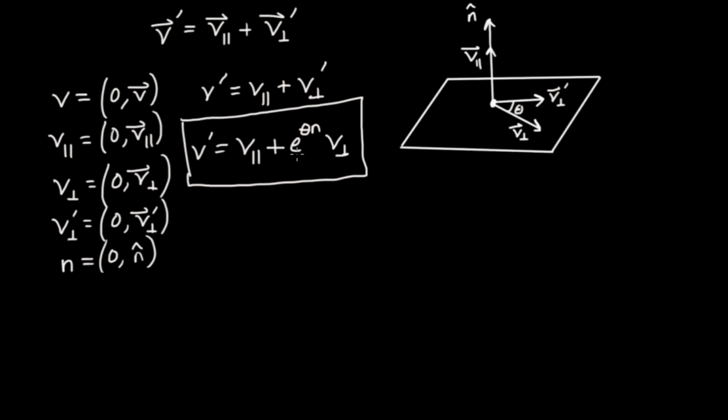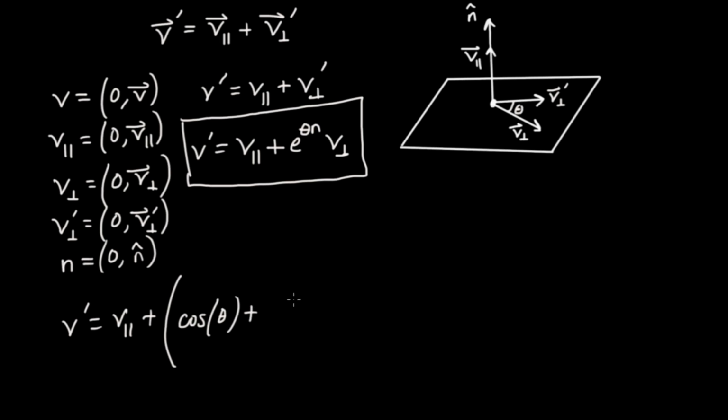Now let me rewrite this formula, expanding out the e to the theta n using Euler's formula. So this rotation formula using quaternions can be written as v prime is equal to v parallel plus, now let me expand out the e to the theta n using Euler's formula. The scalar part of this new quaternion is going to be cosine theta.